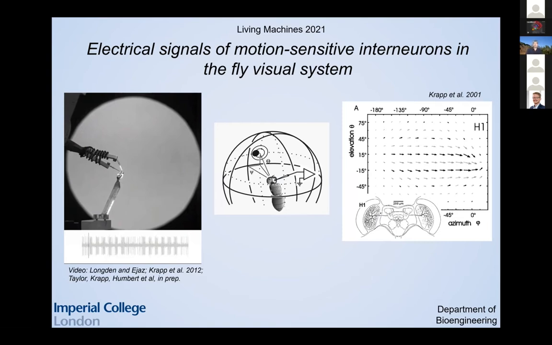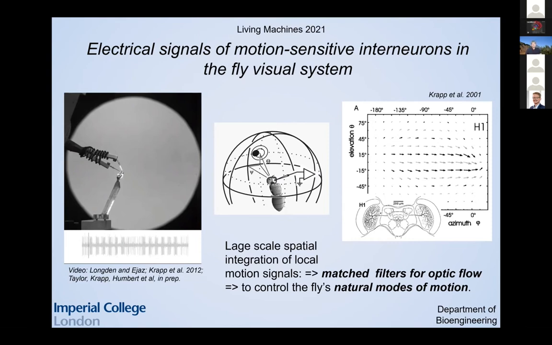I call this a response field or a receptive field of a visual interneuron that is responding to wide field motion. And this is actually one of the major principles we can find in biology, and not only in the context of vision. In many cases, you have local sensors which would not give you exactly precise or unambiguous signals about what's going on in the world.